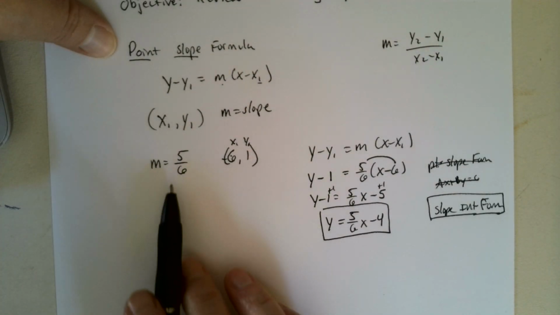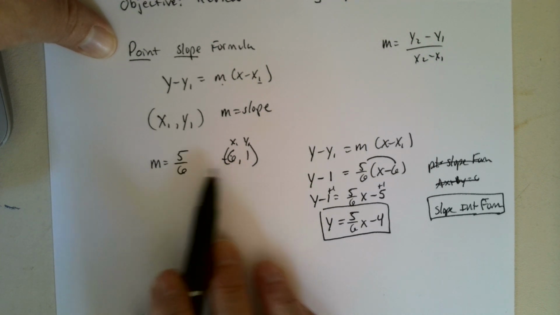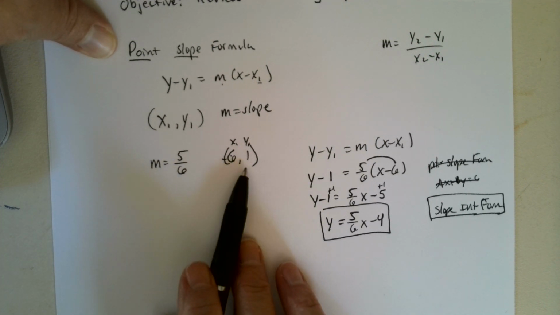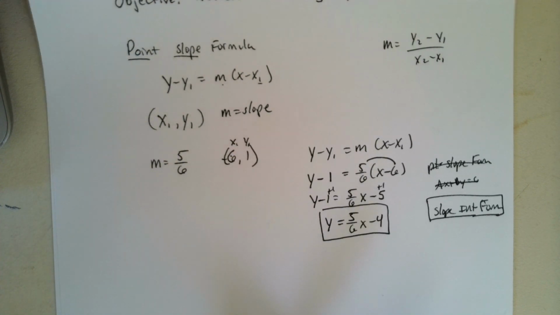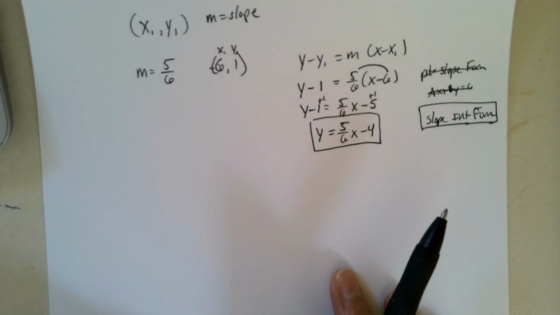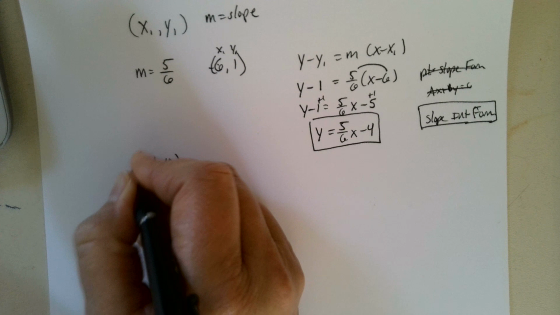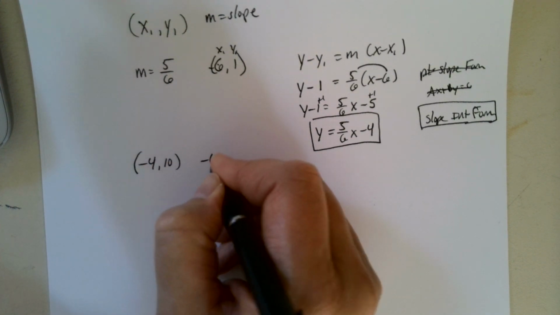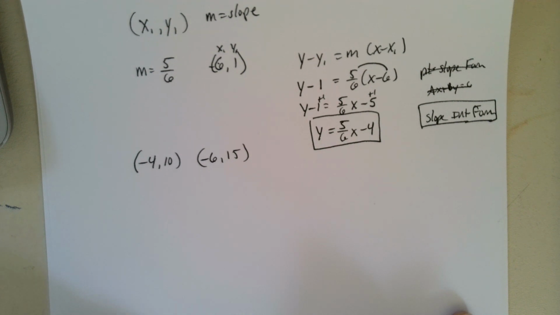You're going to be given the slope and a point, or maybe you're going to be given a graph and you can pick out the slope and any point. Again, this works for any point on the line. You're also going to have some problems where they give you 2 points. Let's say they give you (-4, 10) and (-6, 15), and the directions will say write the equation.